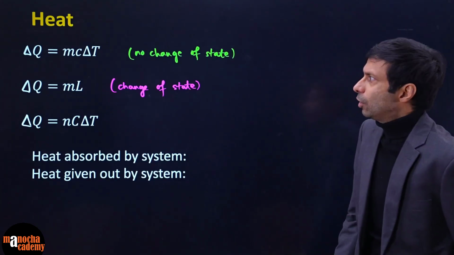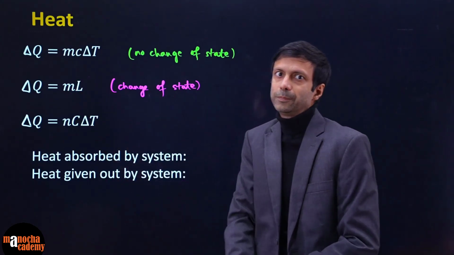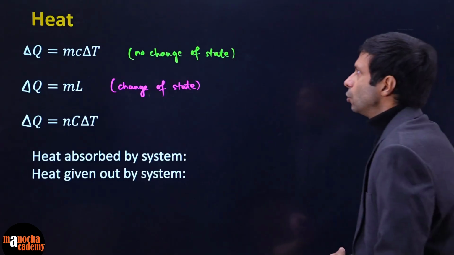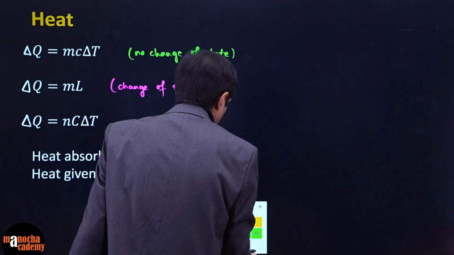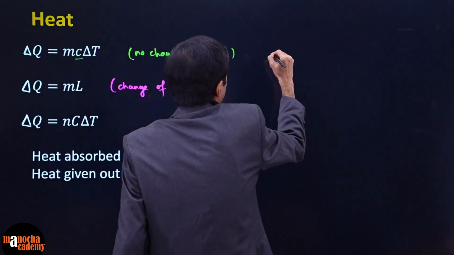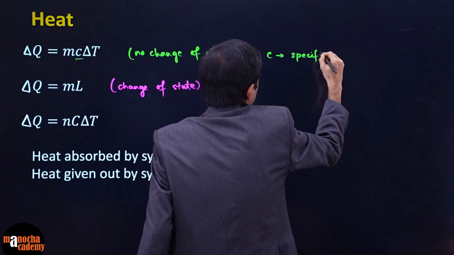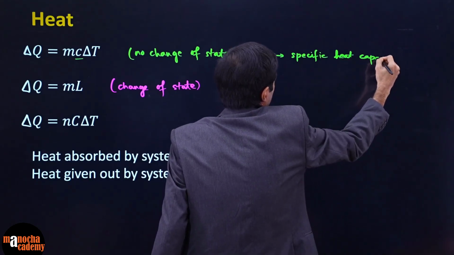Now, do you guys know the difference between this delta Q formula and this one? So what is this n capital C delta T? This small c over here is basically called the specific heat capacity, or sometimes just called specific heat.